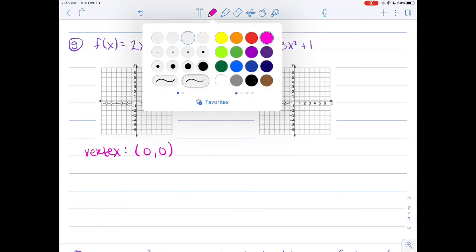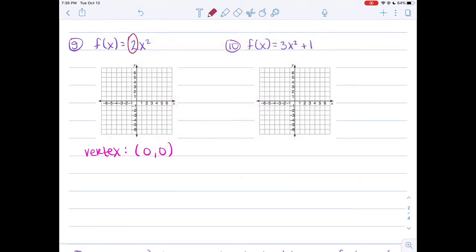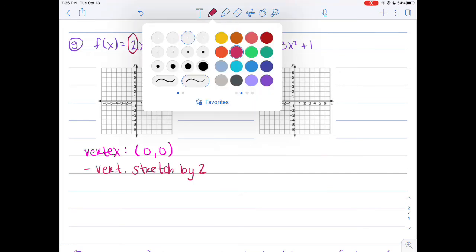The thing that is different about this one is that I have a 2 out here in front. 2 is bigger than 1, so that means that we have a vertical stretch, not a vertical shrink. I'm going to go ahead and note that as a vertical stretch by 2.